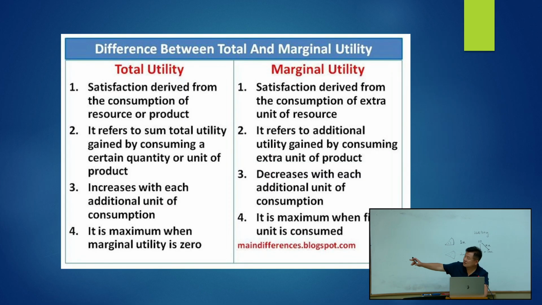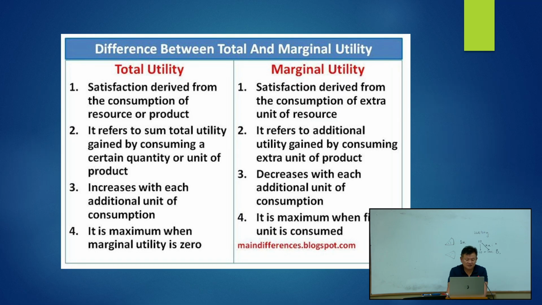So next, what is the difference between total and marginal utility? Total utility is the satisfaction derived from the consumption of resources or products. That is the total. But marginal utility is the satisfaction derived from the consumption of an extra unit. For example, if the second one adds 2 utility, it means 2 is the marginal utility.